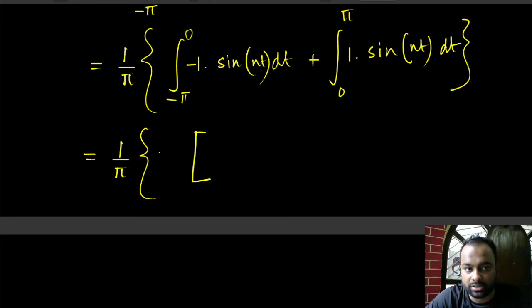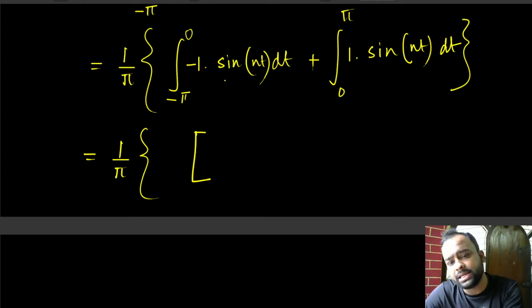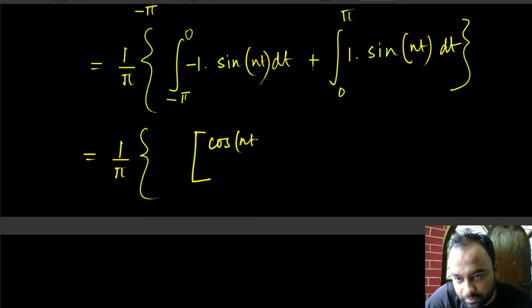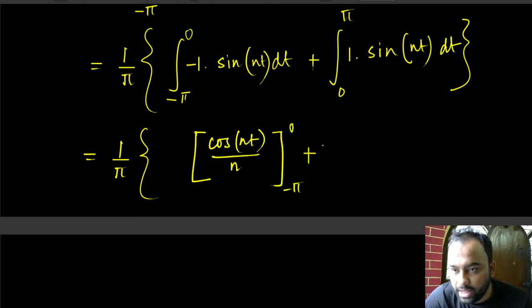For here the integration becomes minus, so the minus sign cancels out, cos nt by n. And in the next one, of course, we have again a minus sign outside, because this is minus cos nt by n.